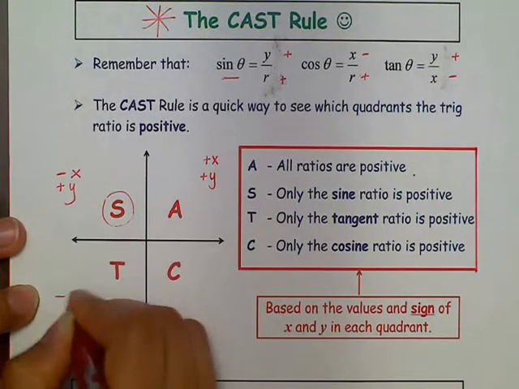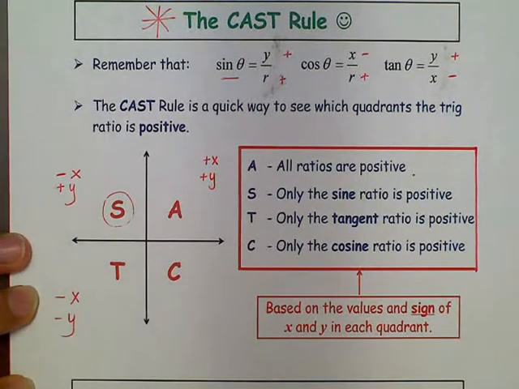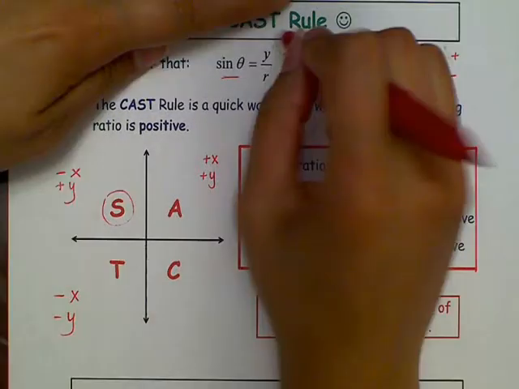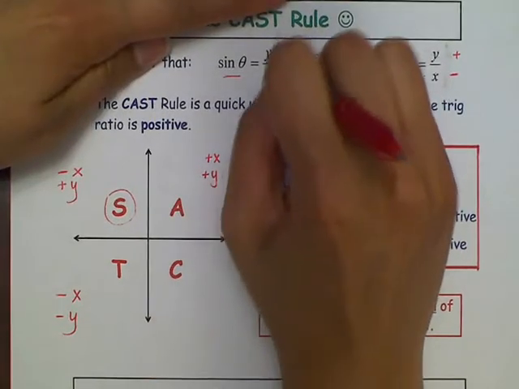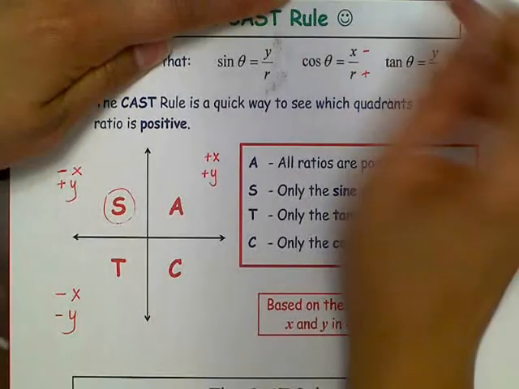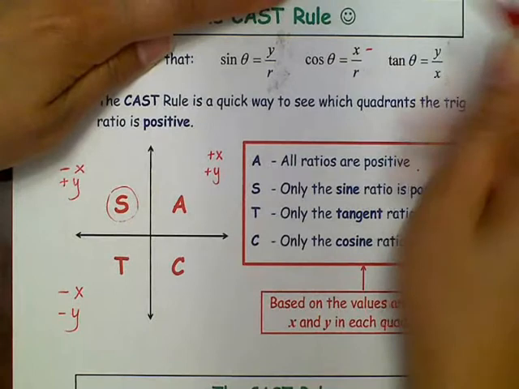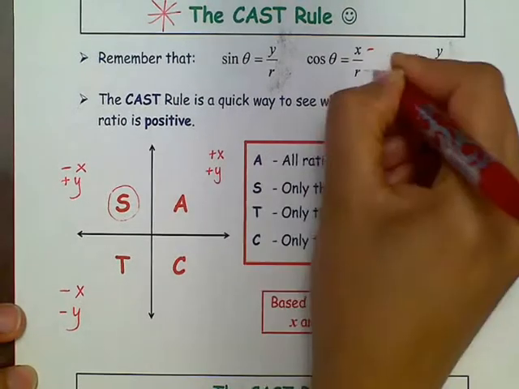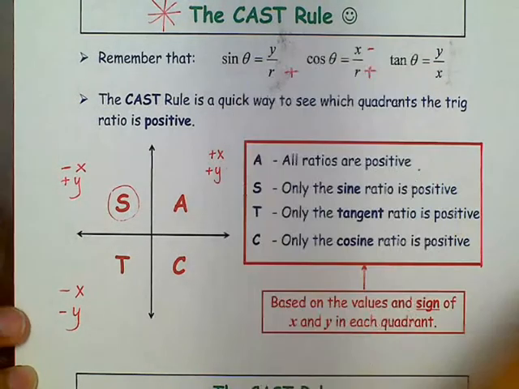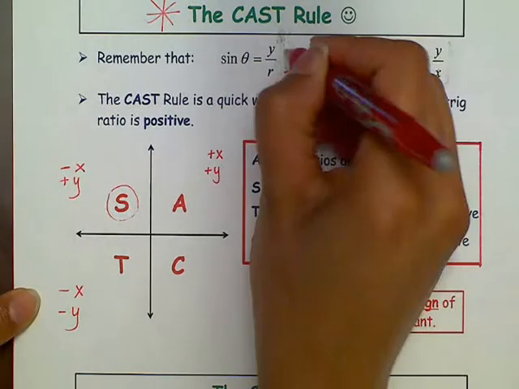In the third quadrant, you're moving to the left and you're moving down. That means X is negative and Y is negative. So I'm plugging in negative numbers for X and negative numbers for Y. I'll leave R as positive because the radius will always be positive anyways.